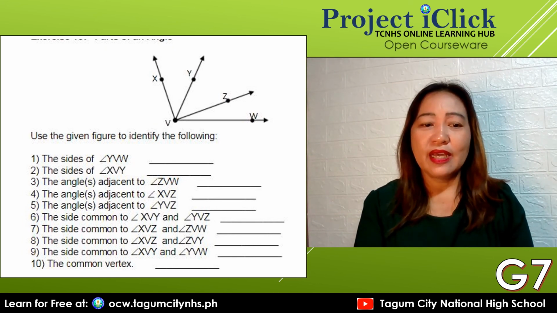Number 8, identify the side common to angle XVZ and angle ZVY. Number 9, identify the side common to angle XVY and angle YVW. And number 10, identify the common vertex.